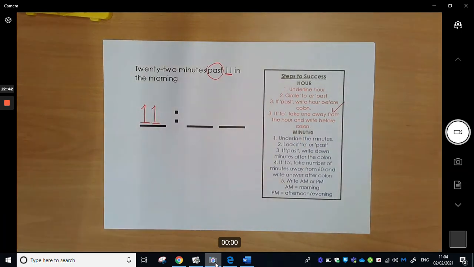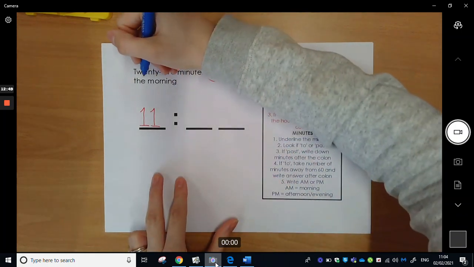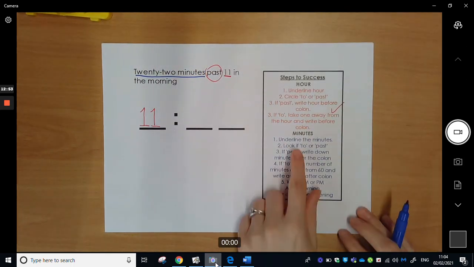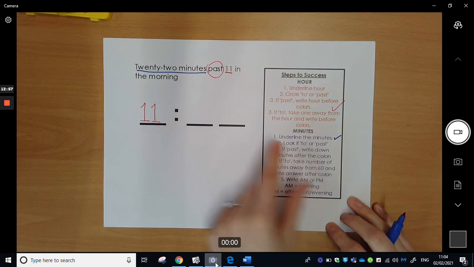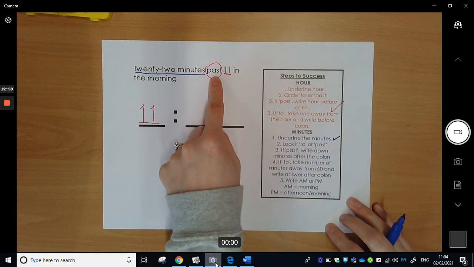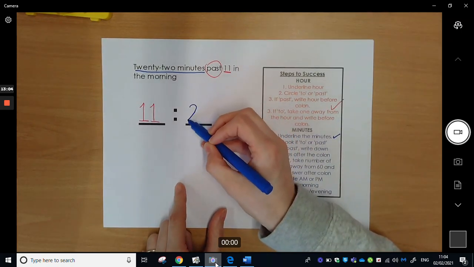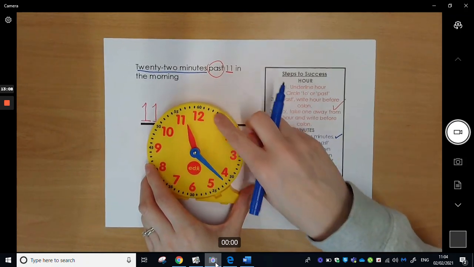So I've done step 1. Now I need to underline the minutes. So it's 22 minutes past. So look if to or past. So I know it's past. So if it's past, I can just literally write down my numbers here. Because as we said on the clock, because it's past, it is not going to change.